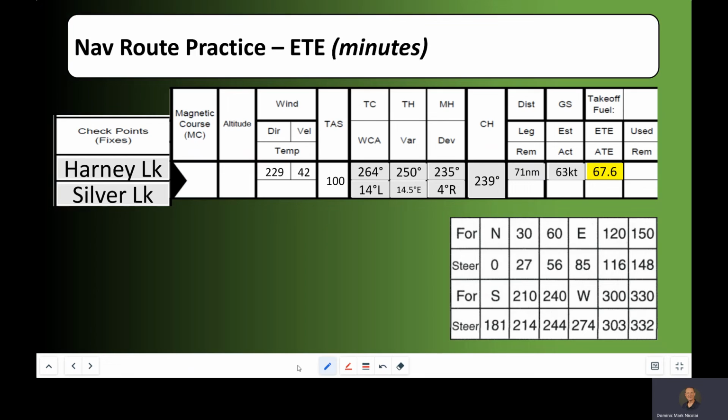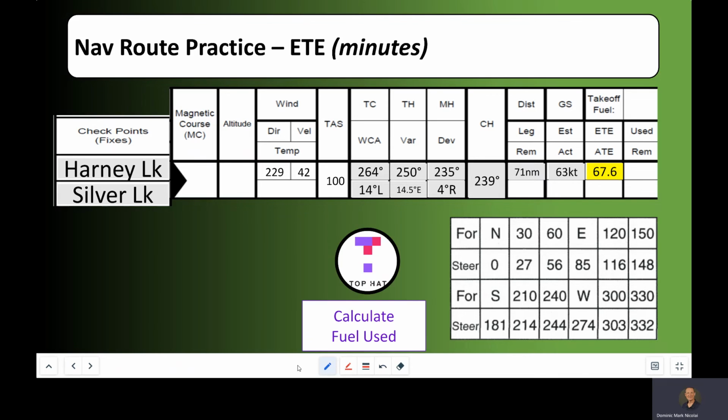Now that we got a time, I got 67.6 off my manual flight computer. If your digital one comes up with a slightly different decimal point, it won't make any difference, all right? We got a couple more bits here, but then we want to come up with the amount of fuel that we use. In order to do that, we have to have a fuel flow.